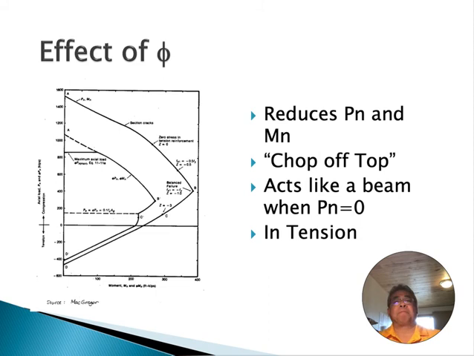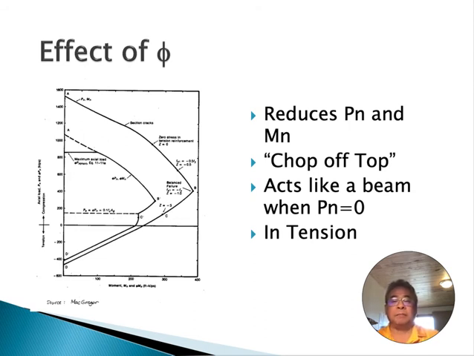Next, the effective phi. If you remember way back when we talked about beams, phi was 0.9 if it was tension controlled. And for columns, phi changes to 0.65 if it's tied and 0.75 if it's spiral, if it's compression controlled.